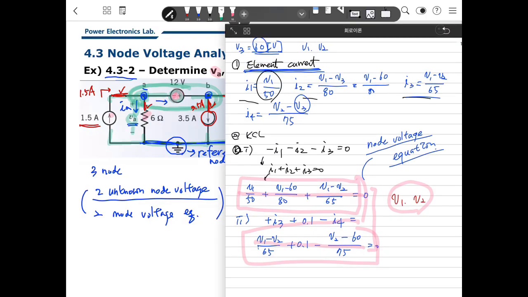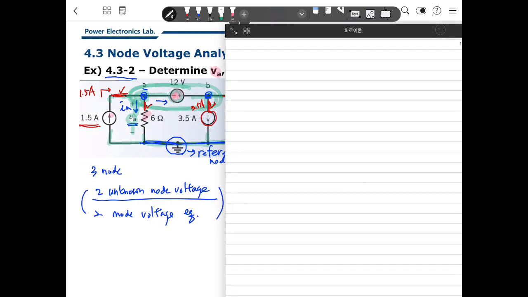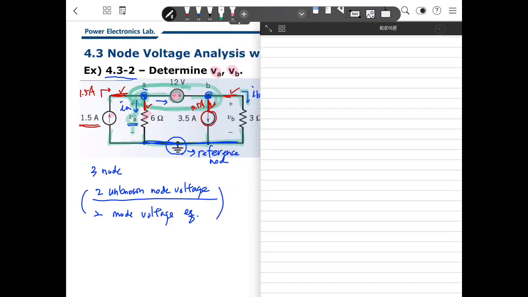Then we can make an equation here. Okay. At first, what should we do? That is an element current. Then we decide to define the current here.